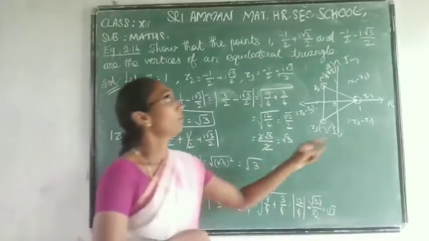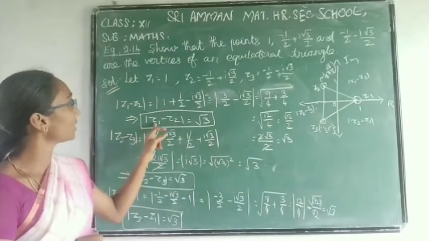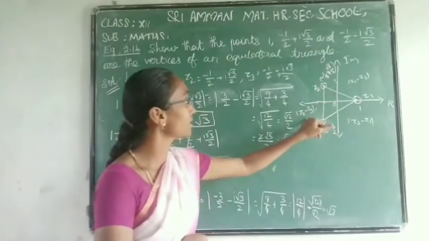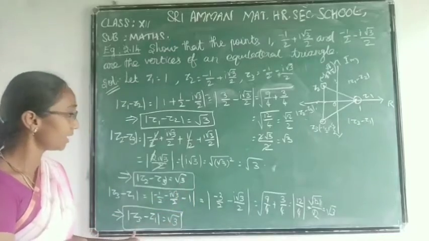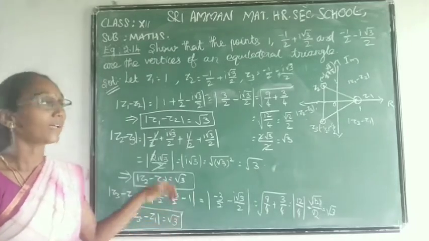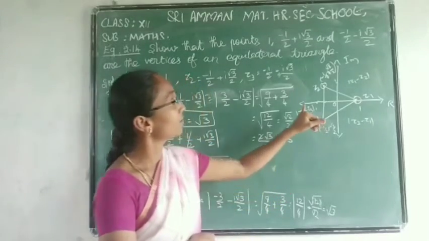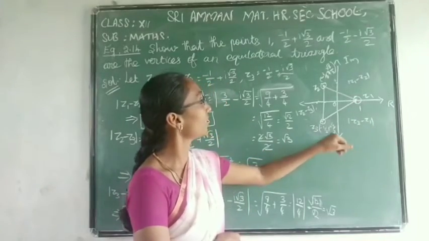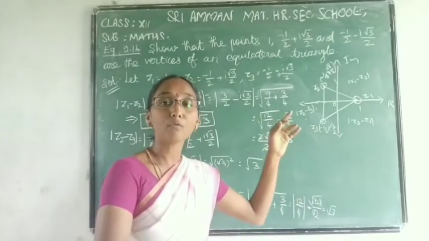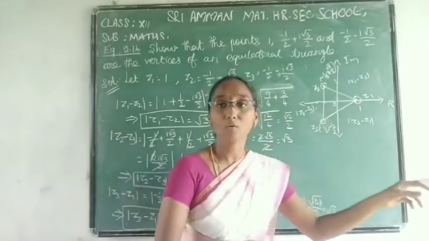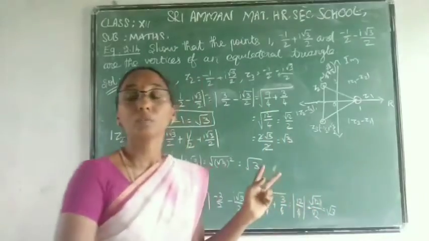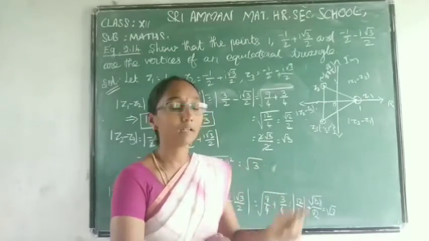So modulus of z1 minus z2 equals root 3, modulus of z2 minus z3 is root 3, and the length of z3 and z1 is also root 3. Since the lengths of the sides of this triangle are equal, these three complex numbers form an equilateral triangle.